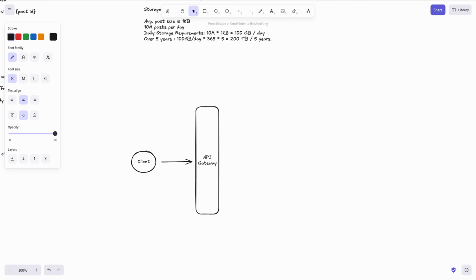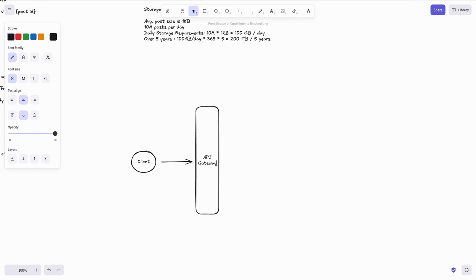Think of the API gateway as the main entry point to our system. It's a single central point that handles all incoming traffic and handles things like authentication, rate limiting, and routes requests to the correct services.